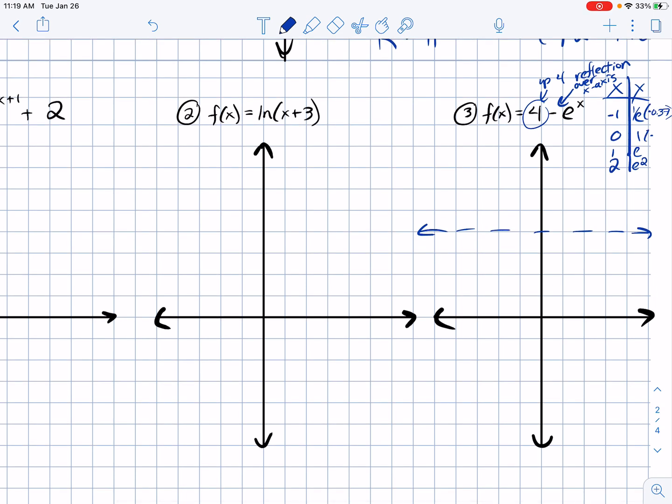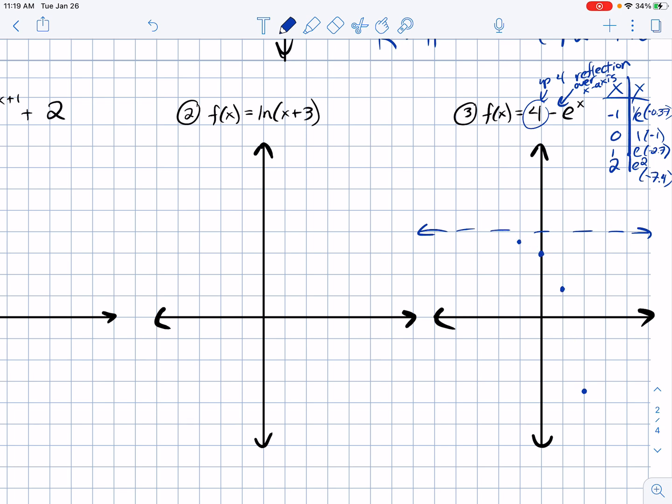This is negative 1, negative 2.7, and negative 7.4 because of that negative in front. Makes them all become the opposite. So we'll go graph negative 1, negative 0.37, 0, negative 1, 1, negative 2.7, and 2, negative 7.4.